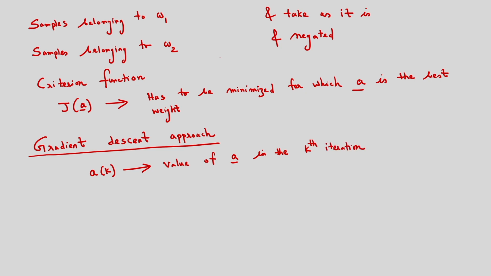This is an iterative algorithm, and after the first iteration, A(k+1) is given by my updating rule: A(k), the value of A in the kth iteration, minus eta times the gradient of the criterion function.